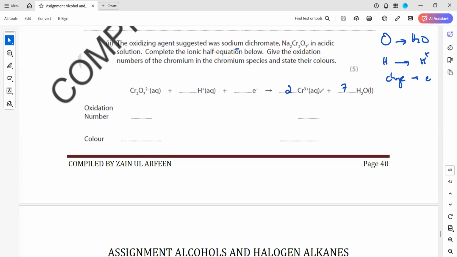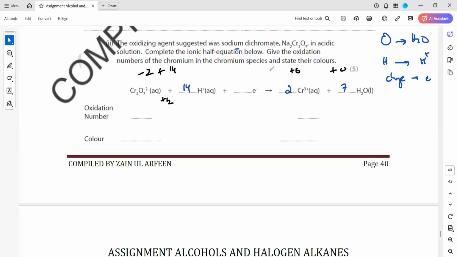What about hydrogen? 7 multiplied by 2 makes 14. So we need 14 hydrogen. So there will be 14 protons. And then what about the net charge? You have to check the left and the right hand side. So here the net charge on this molecular ion is negative 2, and the net charge is plus 14. So the total charge is plus 12. What about the net charge on the right? It is plus 6 here.